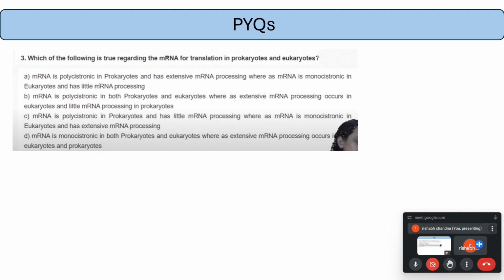Okay, so first discuss the difference between the prokaryotes and eukaryotes. So the mRNA is polycistronic in prokaryotes. So this is the operon concept. Here comes the operon concept. And in eukaryotes, it's monocistronic. So one gene, one enzyme; one gene, many enzymes.